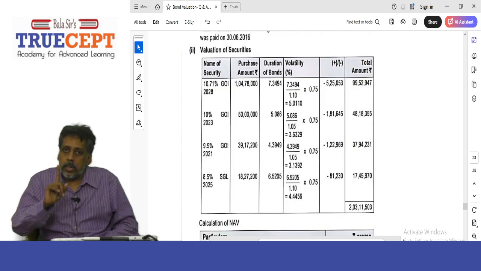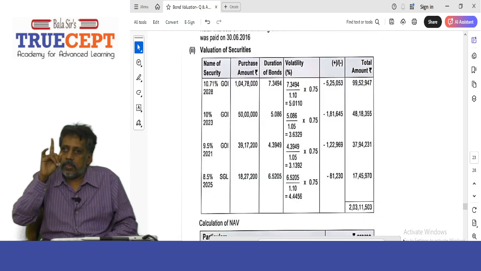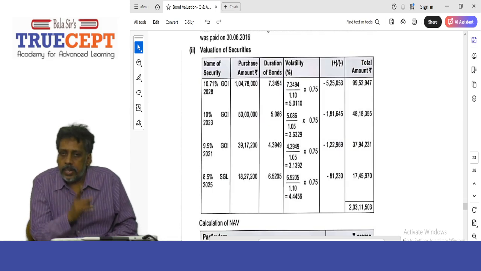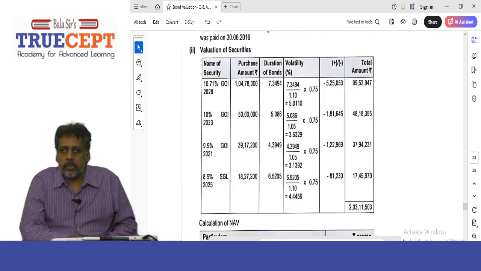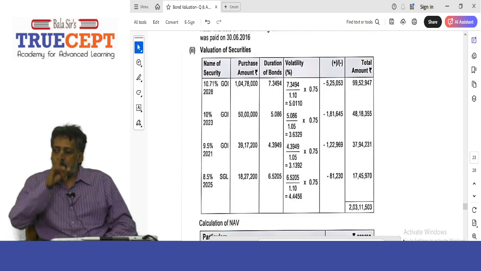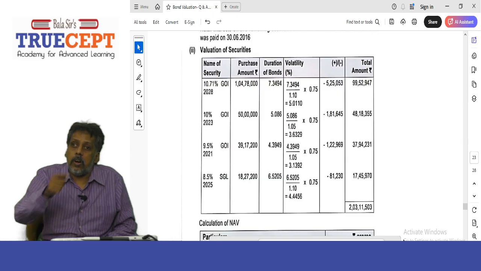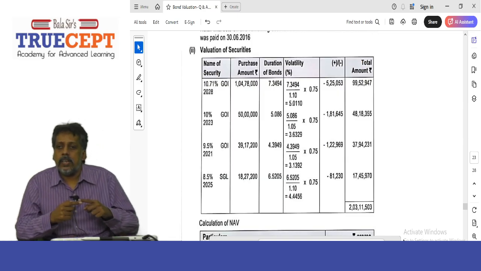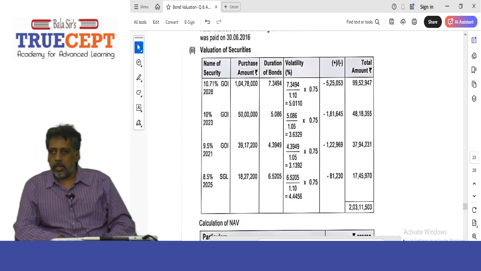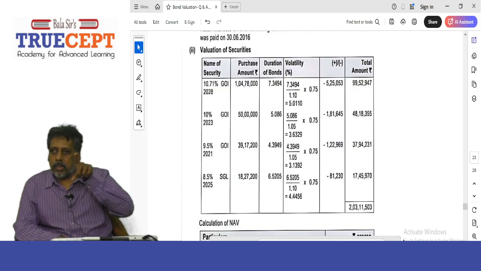But what is the meaning of the 6.681? For every 1% change in yield, the bond price will change by that percentage, right? But here it is 75 basis points, which is 0.75%. Now 6.681 into 0.75, how much do we get? We get 5.011. Therefore, there will be a 5.011% negative change in the bond value. You know why? Because when the yield increases, the bond price will decrease. Because the bond price and yield are inversely related.